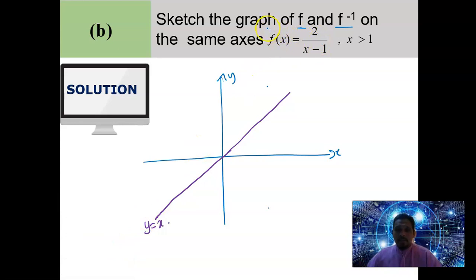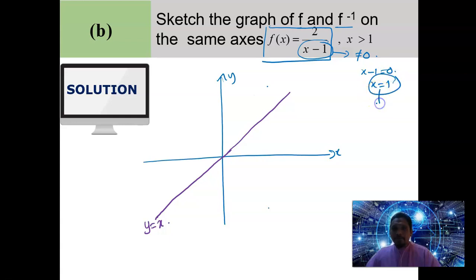Look at this function, f(x) equal to 2 divided by x minus 1. As we know, the denominator cannot be equal to 0. So the line of x minus 1 equal to 0, x equal to 1, will be the, what do we call that? A line that the graph only approaches, getting closer and closer, but it won't touch or intersect.